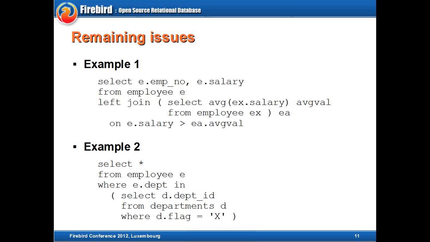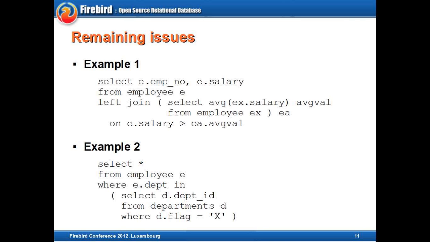But the join condition is using the field which is internally in an aggregate function. It's an average. So there are just no choices for the optimizer to use the index for this retrieval. And the left join makes it impossible to turn the streams back to exchange them. So this query is going to be really slow.